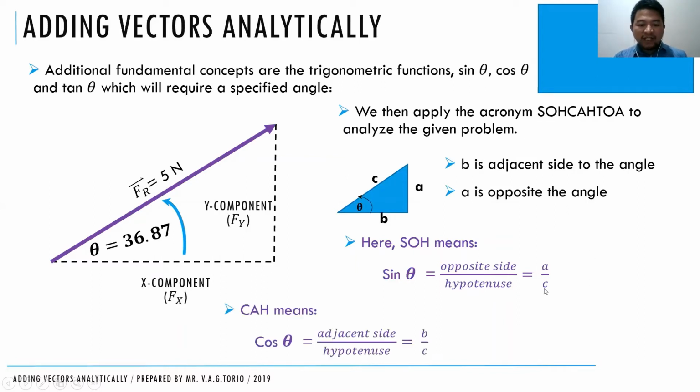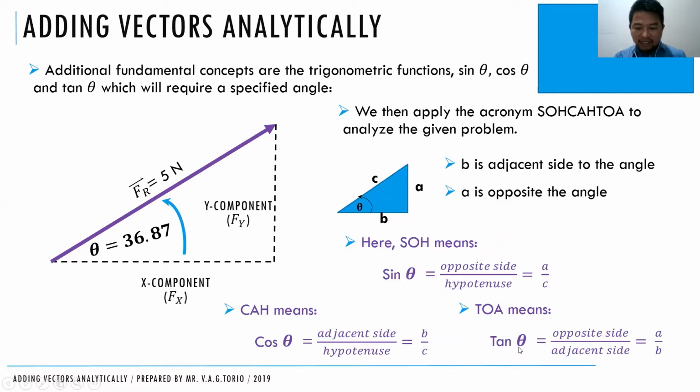Now we proceed with CAH. And CAH means cosine of the angle theta is adjacent side over hypotenuse. Again, in our smaller triangle here, the adjacent side is B. That's why we see here B. And the hypotenuse is C. And finally, we have TOA.